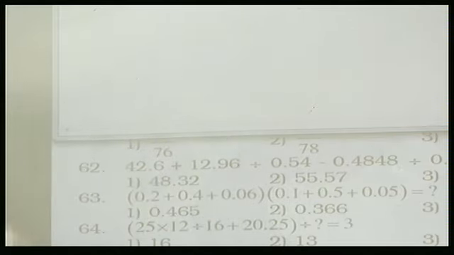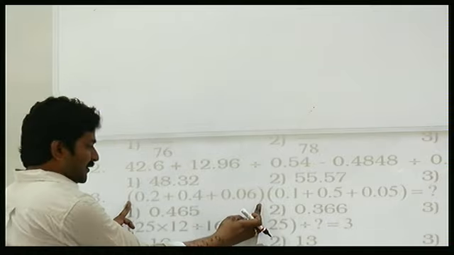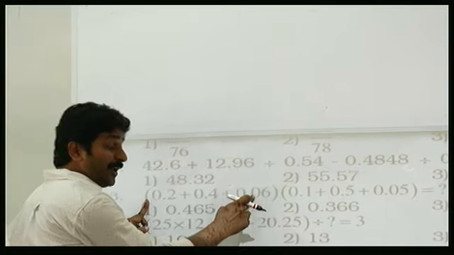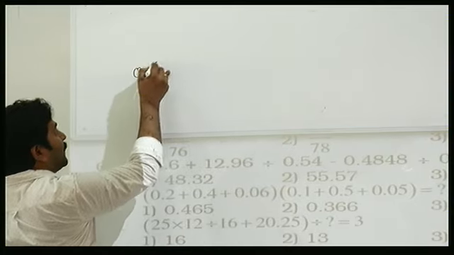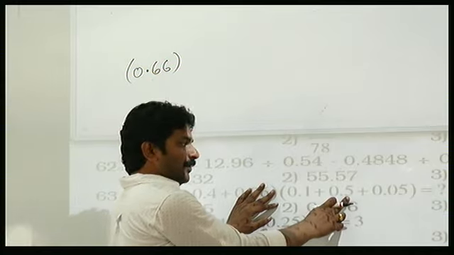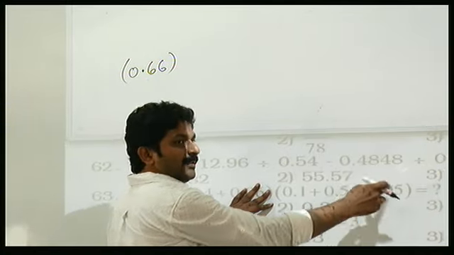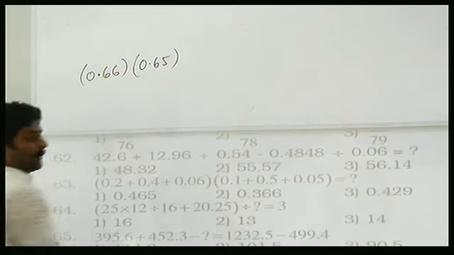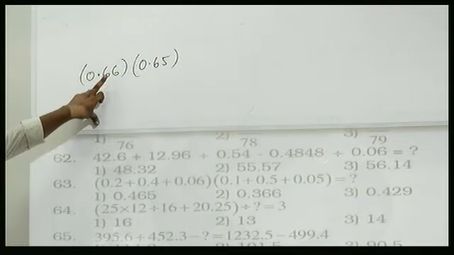Next, the number inside the first bracket: 0.2, 0.4, 0.6, 0.6 plus 0.06 is 0.66, into 0.65. Is this an 11 multiple?